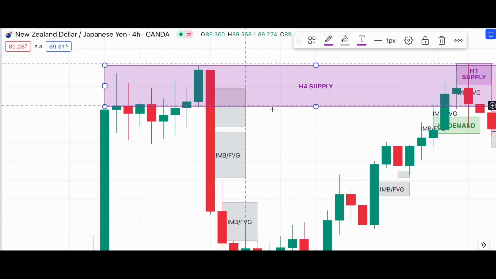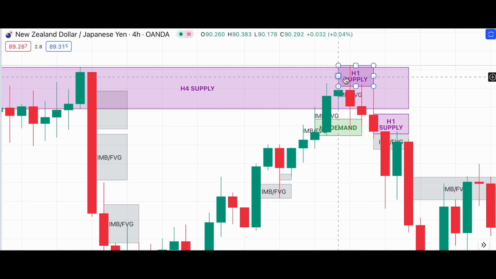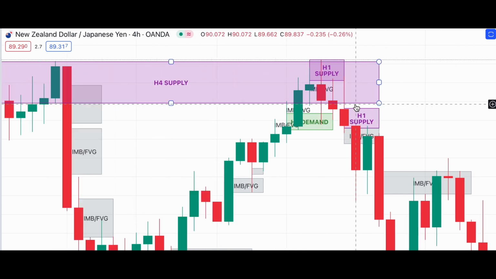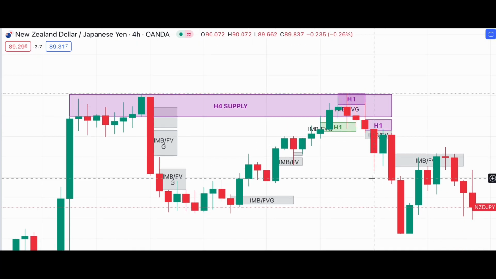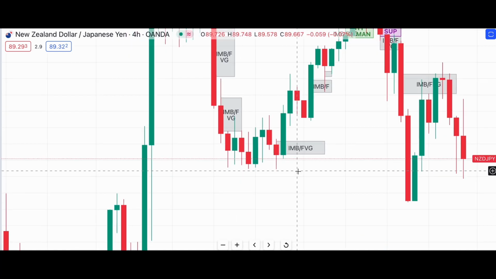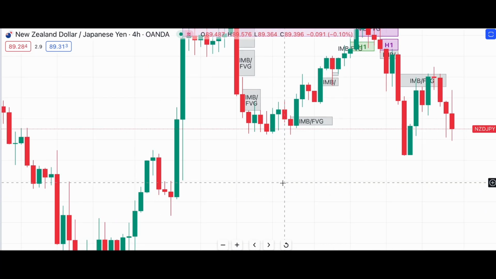So for an H4 imbalance, you know the zone will be stronger, and with the price action as our confirmation, when the price retests the zone, this is where we can make the entry for the short. And we can aim for the previous support or the next demand zone to exit.